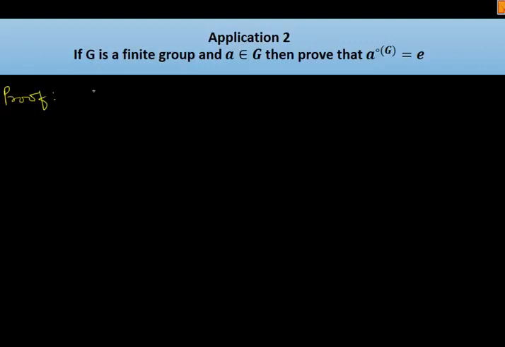G is a finite group, that means it contains a finite number of elements. So let the order of G be equal to n. Now the element of a finite group definitely possesses some order, so let the order of that element a be equal to m.